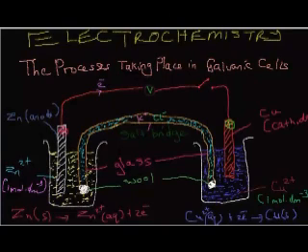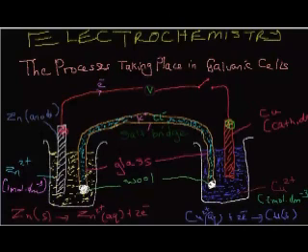Normally we can use zinc sulfate or zinc nitrate, of concentration 1 mole per cubic decimeter. That is the standard concentration. And in the copper half cell, there is a copper rod, which we call a copper electrode, dipped in a solution of copper ions of the same concentration, that is 1 mole per cubic decimeter.